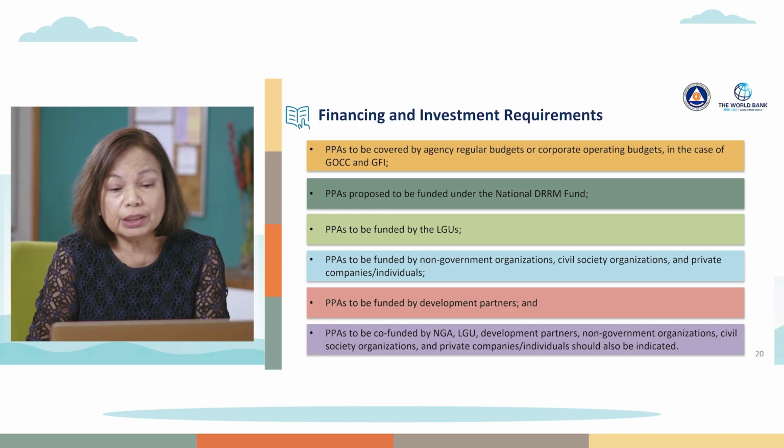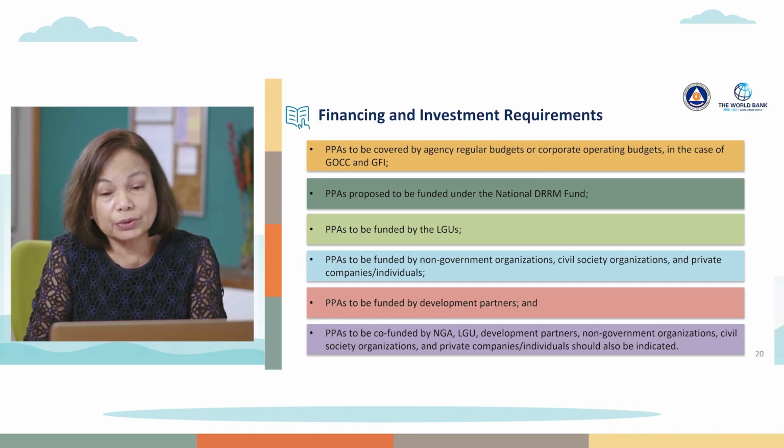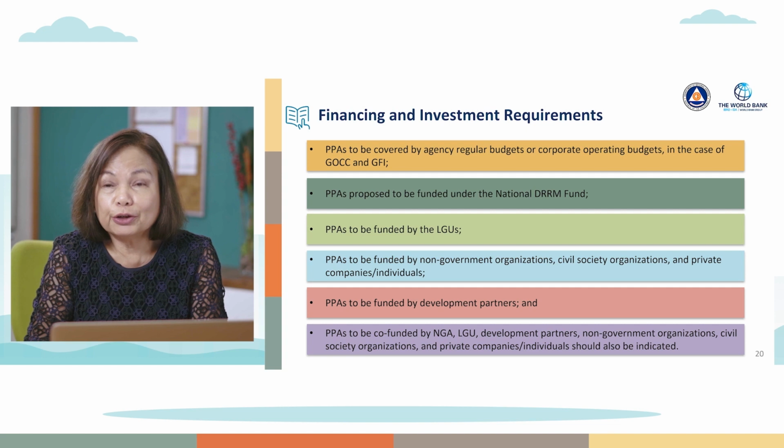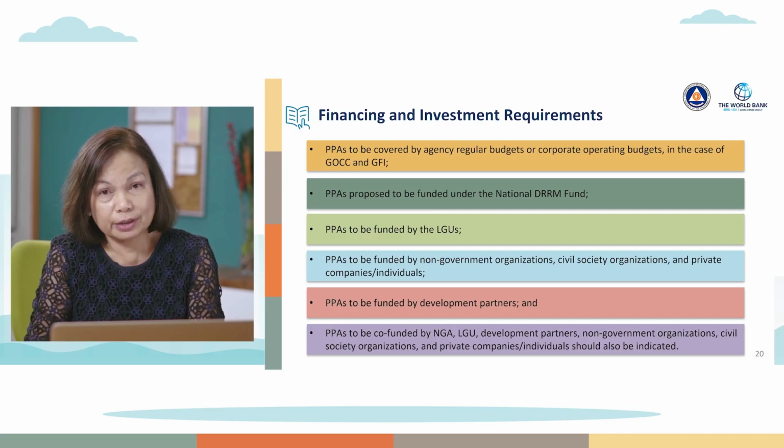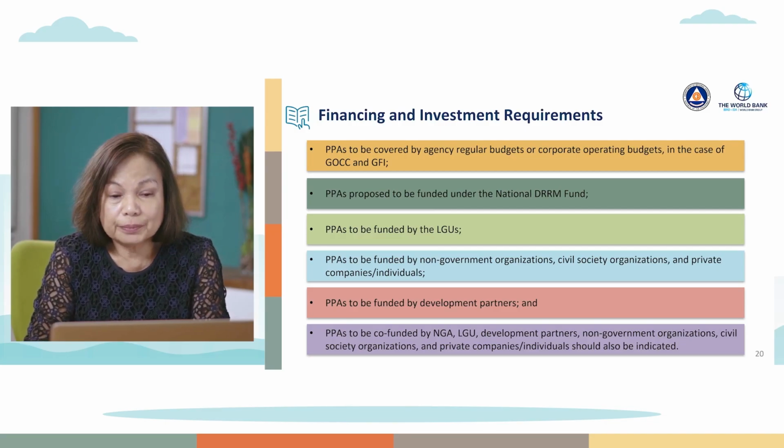Another source would be the National Disaster Risk Reduction and Management Fund, but this has to be endorsed by the NDRRM Council and approved by the Office of the President. So medyo you have to go through a certain process to be able to access funding from the NDRRM fund.